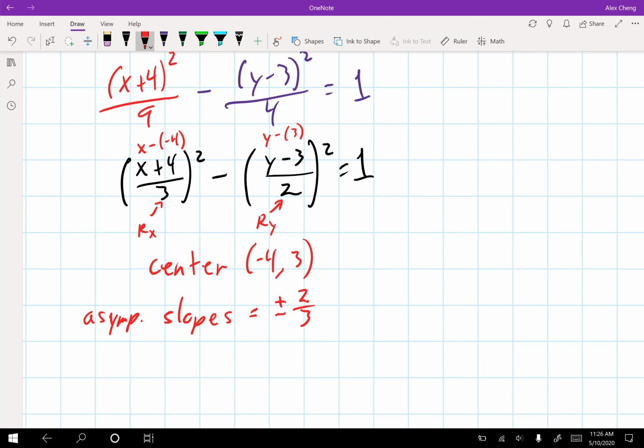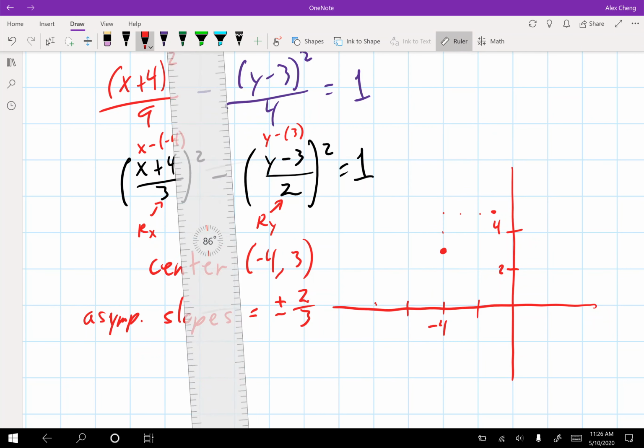And so I can kind of already get started on this. I'm going to go over 4, so I'm going to draw it like this. I'll go by 2s, so this will be negative 4 right here. At negative 4 comma 3, that's my center right here. My slopes are going to be up 2, and then over 3. 1, 2, 3.